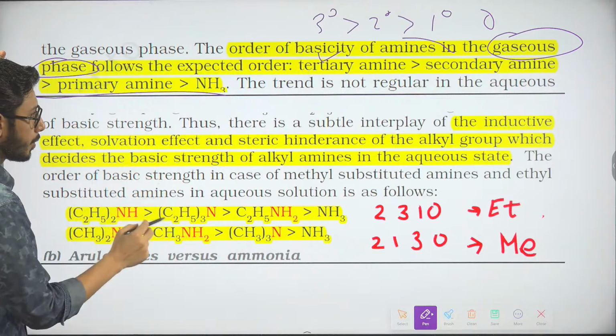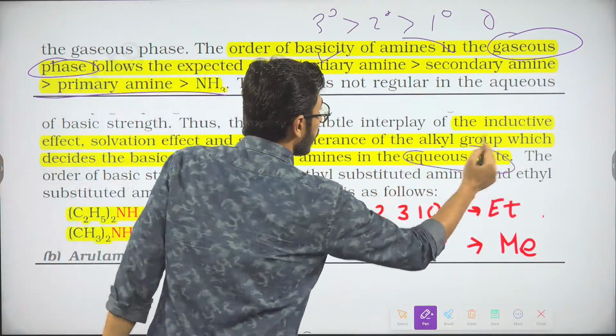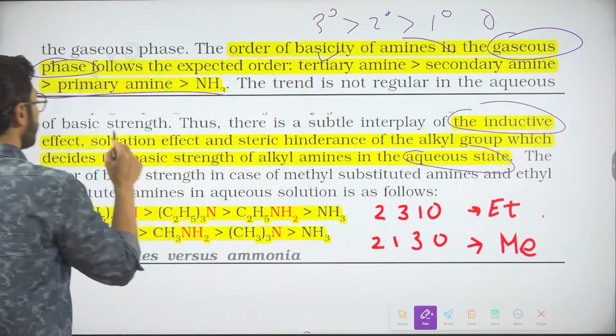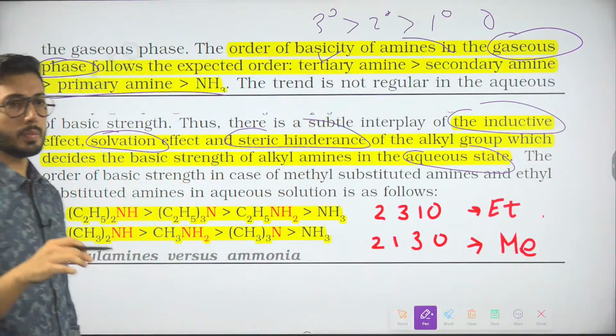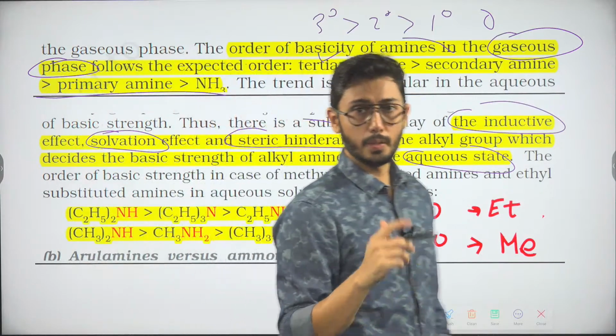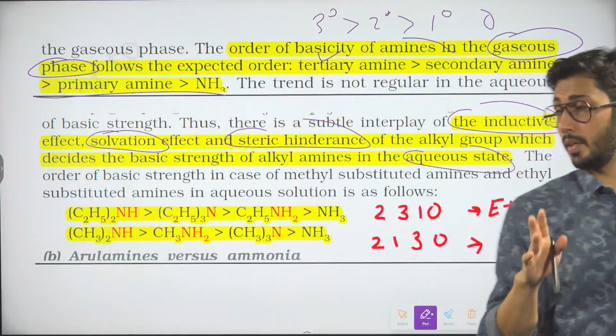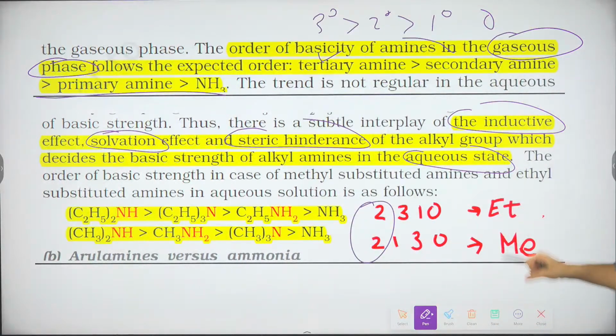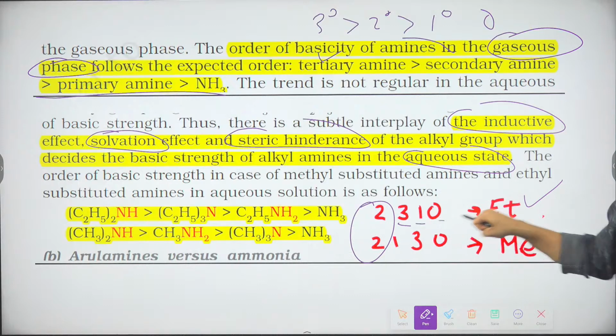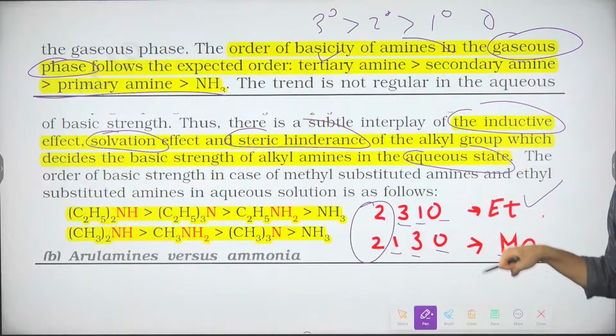If it is which medium? Aqueous medium. Three effects are working: inductive, solvation, and steric. So in aqueous medium, among aliphatic amines an important case arises: which is best? Secondary is best. If it is ethyl, the order will be secondary, tertiary, primary and ammonia; if it is methyl, the order will be secondary, primary, tertiary and ammonia.